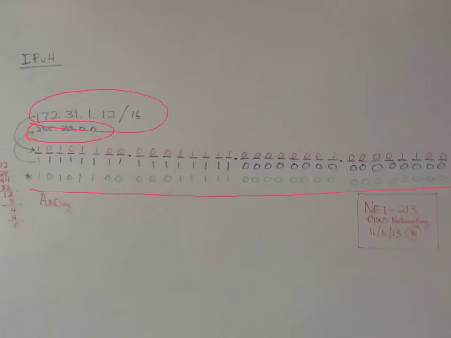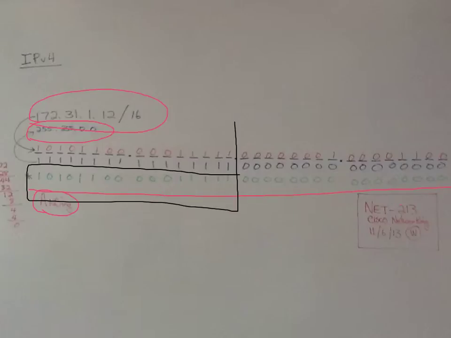The object of doing this ANDing was to show that what we ended up with after ANDing this was the network part of the address right here, which turns out to be this part of the IP address, IP version 4, 16 prefix bits. So routers do an ANDing to get the network part of the address.